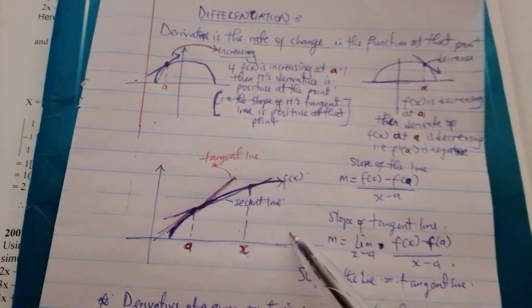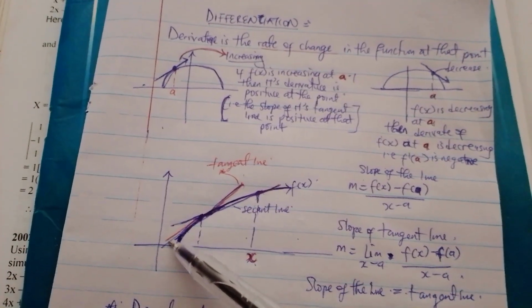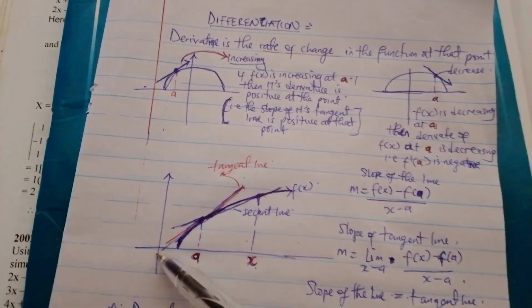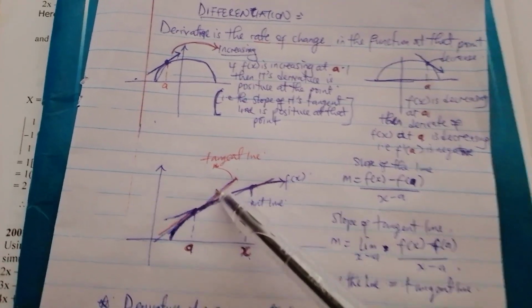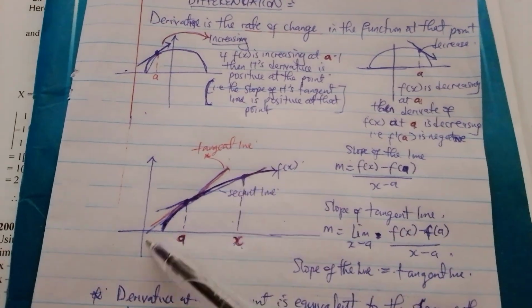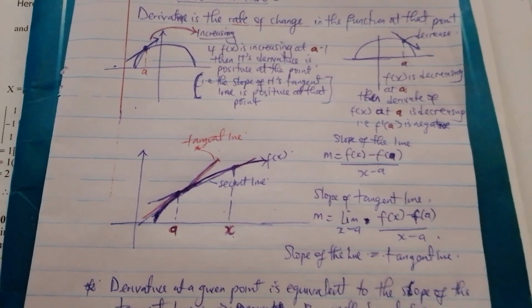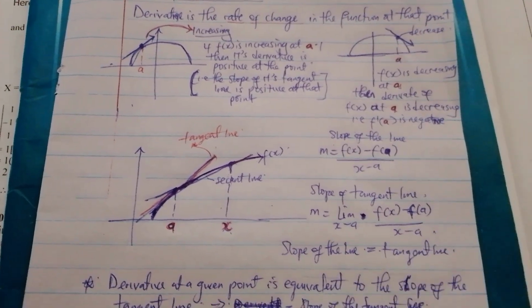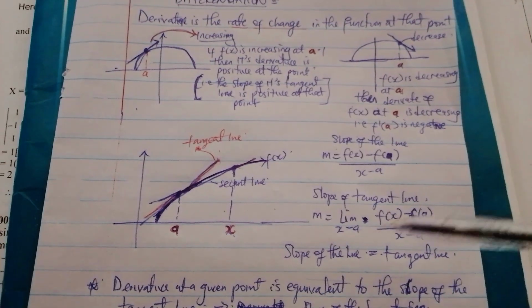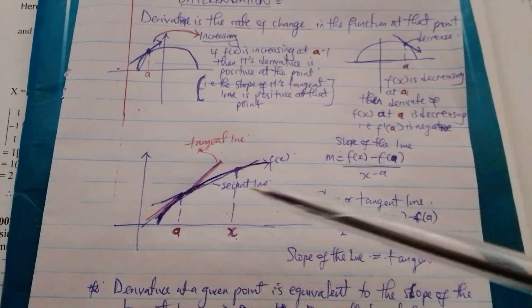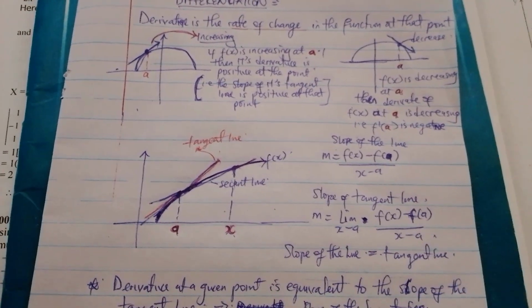Also, we can say that this is the tangent, so we can find the slope of the tangent also. How do we find it? Remember I said the slope of the tangent is almost the same thing as the derivative.